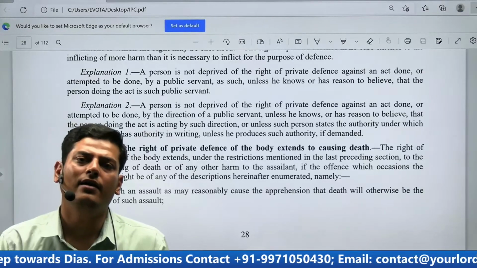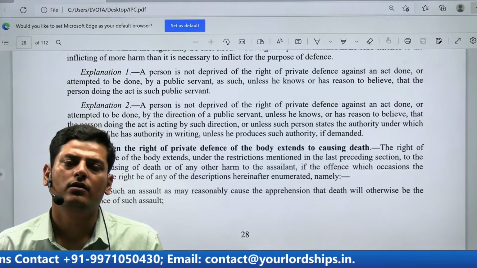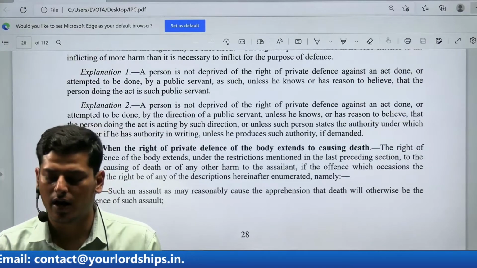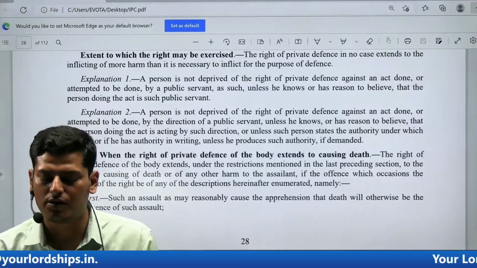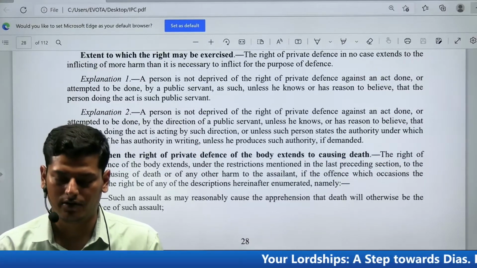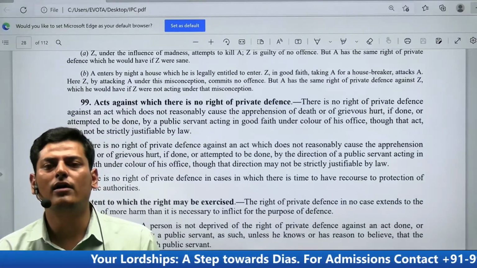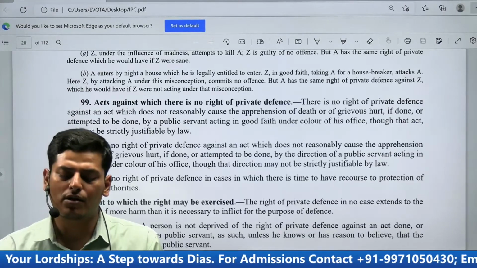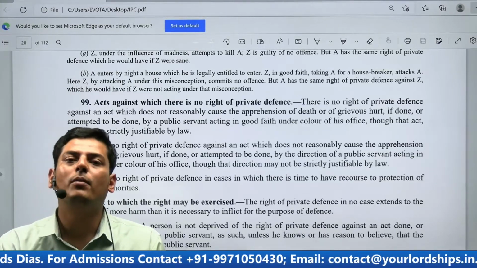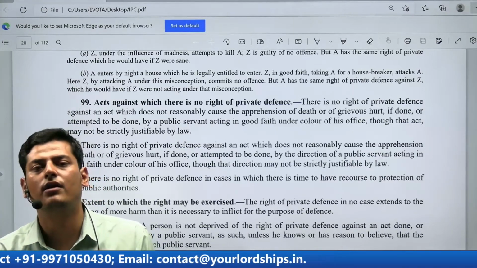मतलब अगर आपको पता ही नहीं है या कोई रीजन टू बिलीव भी नहीं है कि जो पर्सन है he is a public servant acting under the color of the office, in good faith he is acting, you neither have the knowledge nor you have the reason to believe that thing, then you are not deprived of your right of private defense. Similarly, against the public servant, another important limitation is there, that the public servant is acting in good faith under the color of his office, and the act of the public servant is not causing reasonable apprehension of death or of grievous hurt.